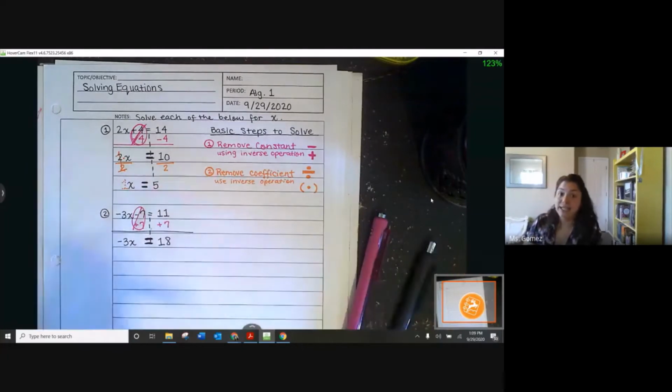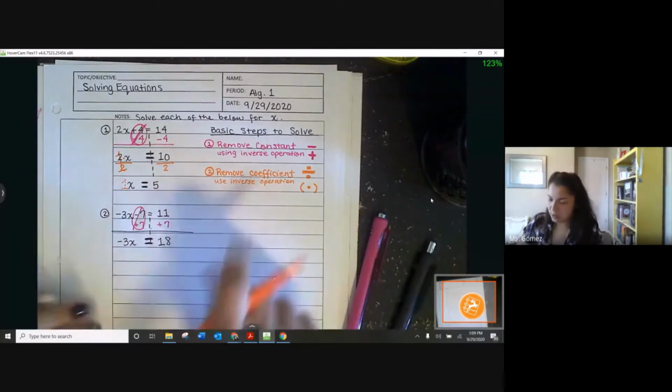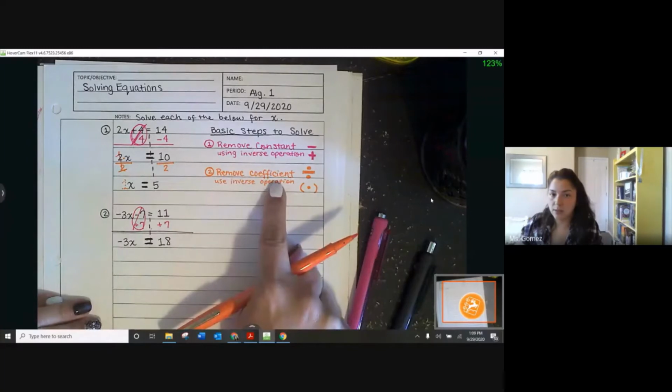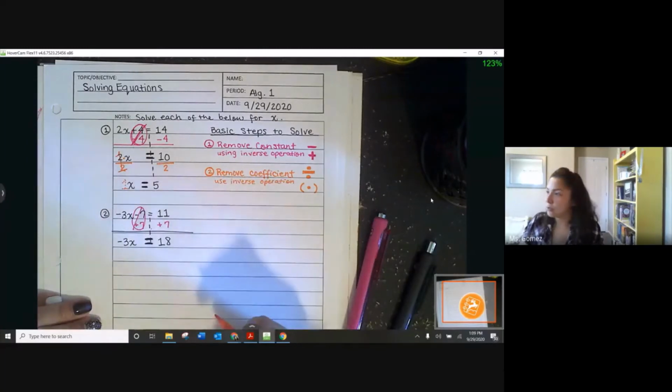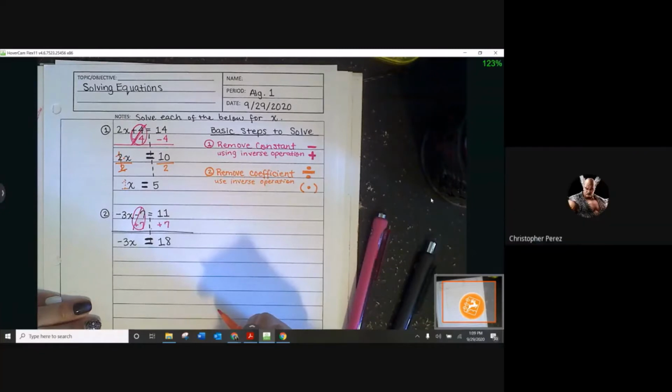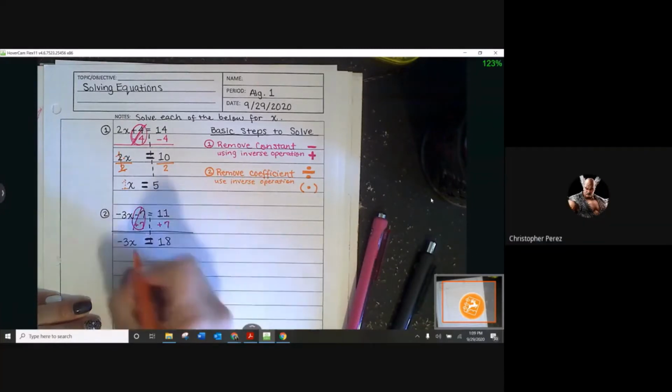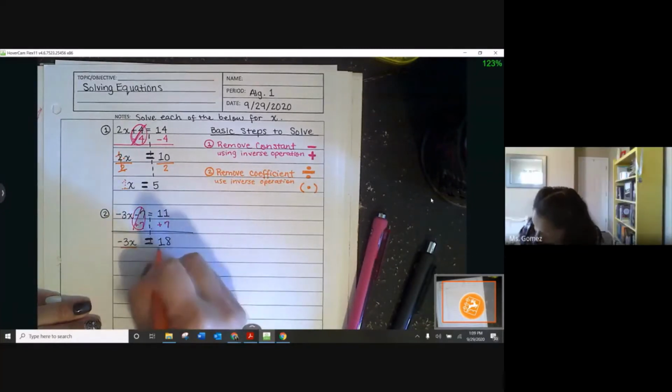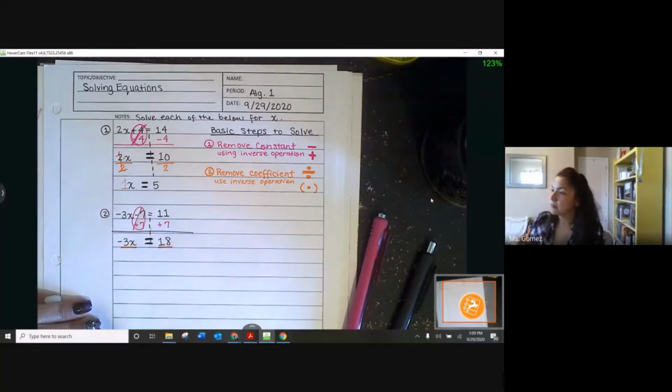Okay, so now I take out my orange pen. What do I do? Divide 18 and negative 3x by what? What should both of these be divided by?